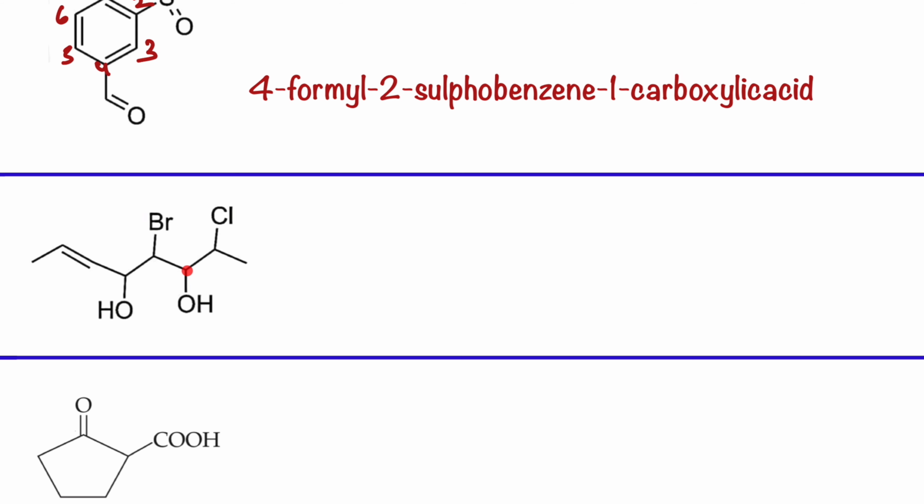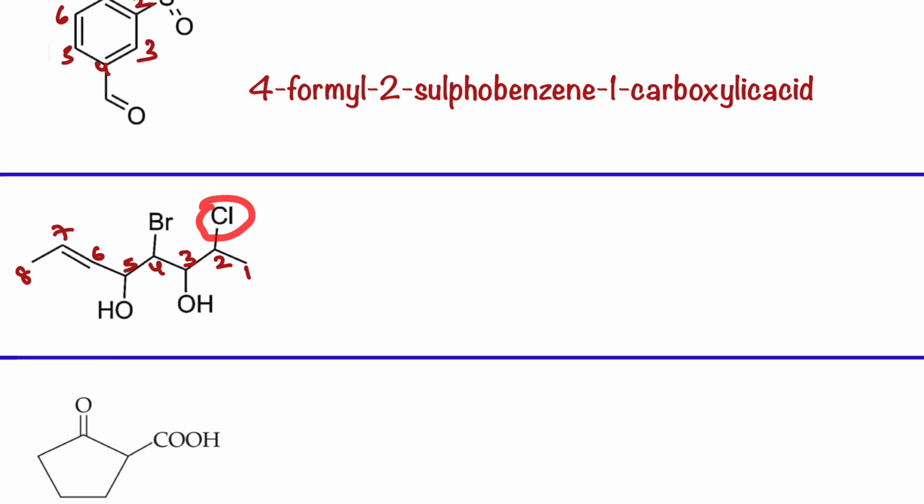So here we have alcohols. First you have to observe the alcohols: 1, 2, 3; 1, 2, 3, 4. So without any hesitation, numbering must be from the right side like this: 6, 7 and 8.